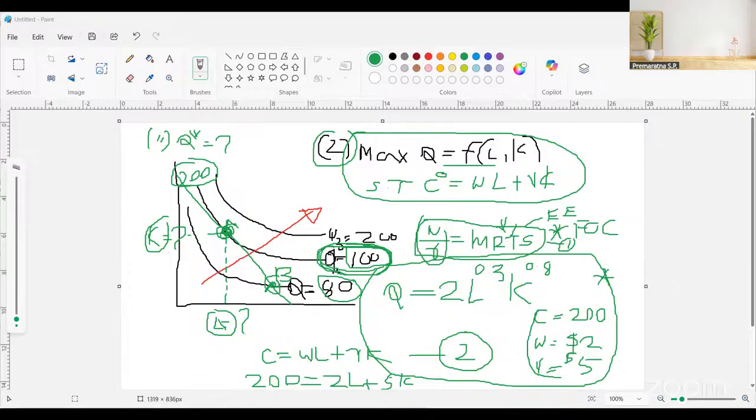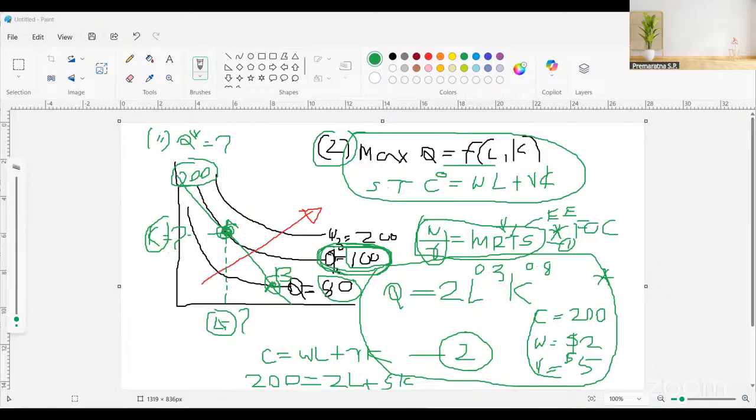I may ask the question, if due to a strike or some other reason, the wage rate increases, let's say by another $2, then the new wage rate becomes $4. Then what will happen?